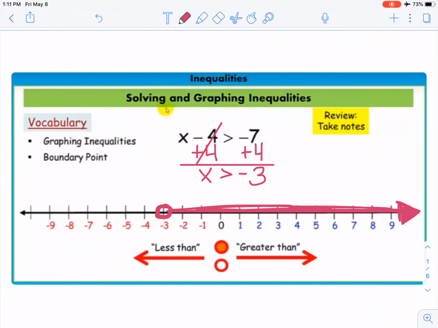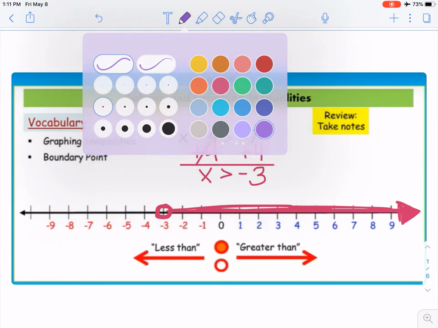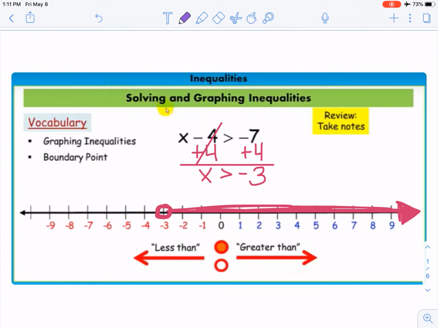The last step, just like we did in equation solving, is to check our solution. So what I get to do is pick any point in my shaded region. Anywhere up here where we see shading, I can pick a point. So let's pick something, I don't know, let's say something like 8. That's my lucky number. That's my favorite one. I'm going to take this number and plug it back into my original inequality.